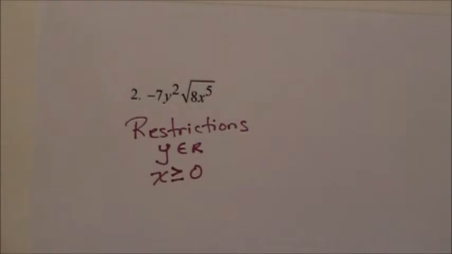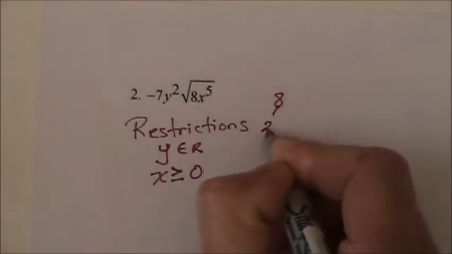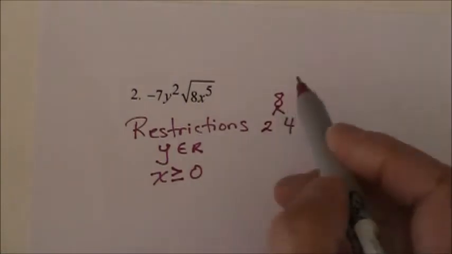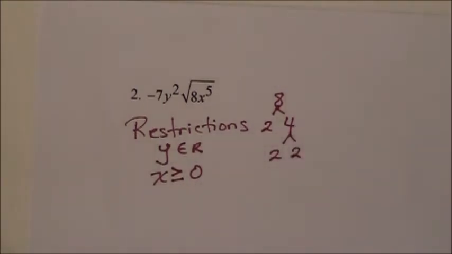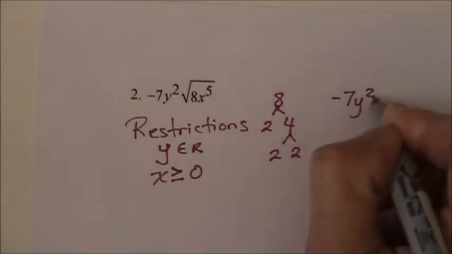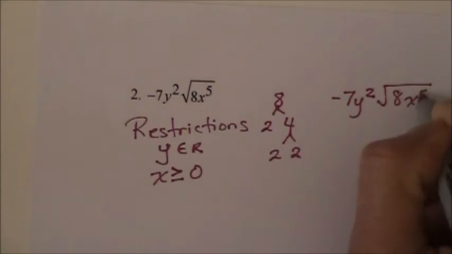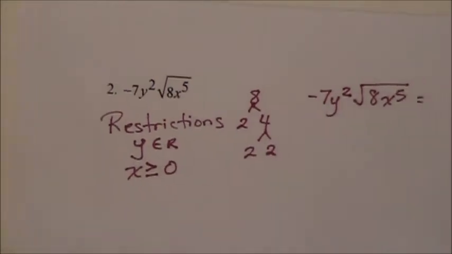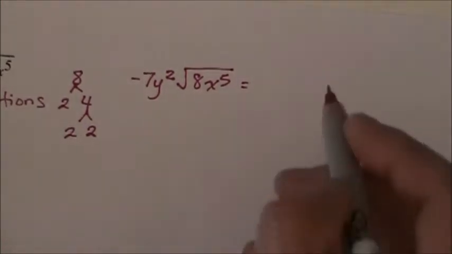Now for our simplifying, let's take 8 and find the prime factors of it. So 8 is 4 times 2 and 4 is 2 times 2. So we're going to take our original question, negative 7y squared times the square root of 8x to the 5th, and rewrite that, replacing the 8 with the 3 2's.